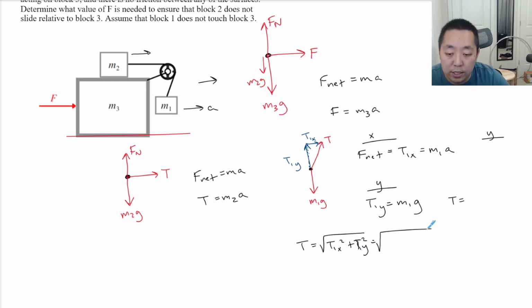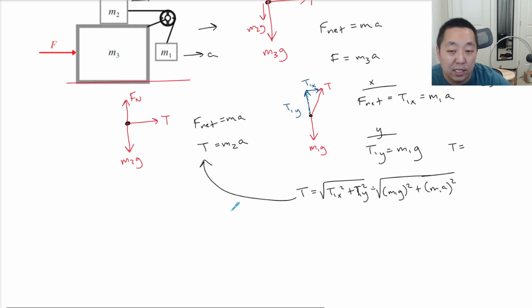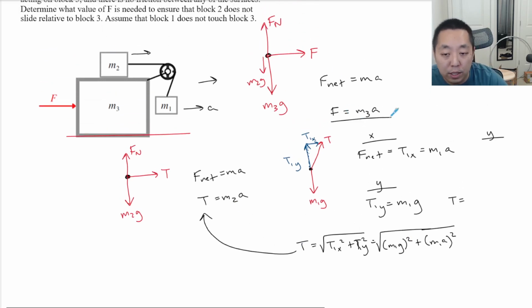In this case, that's the square root of (M1g) squared plus (M1a) squared. See that? I know what those forces are, so I can figure that out, and then I can plug the tension into there. Remember, my goal is to figure out what the acceleration is. Ultimately, I need an expression in terms of a.